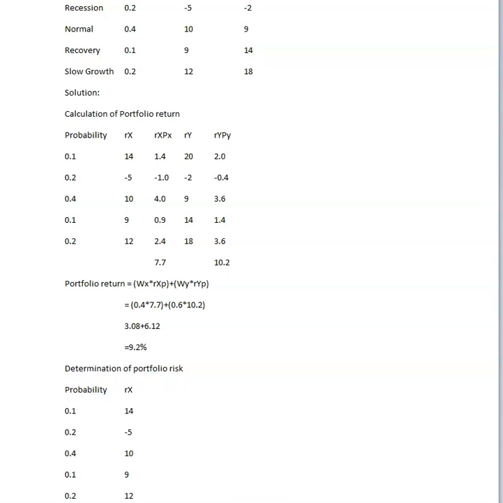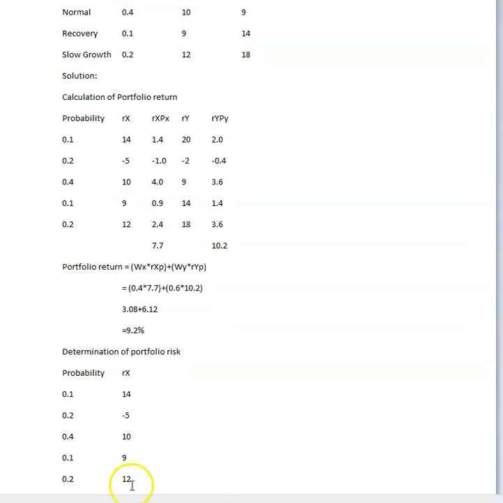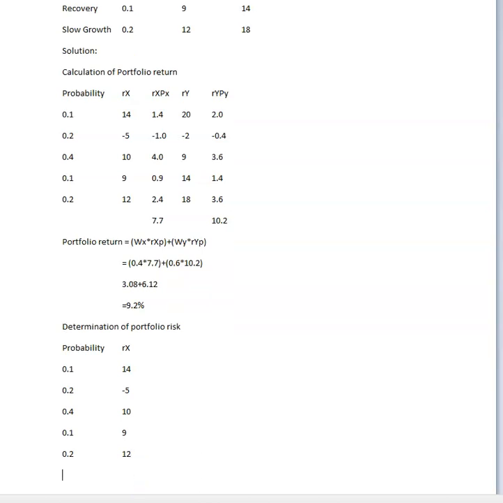When we take the total, 14 minus 5 plus 10 plus 9 plus 12 would come to 40. Now we take the deviations. I call it D here, and then we proceed.